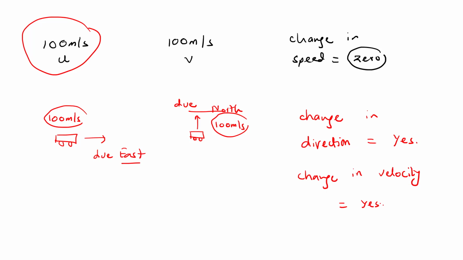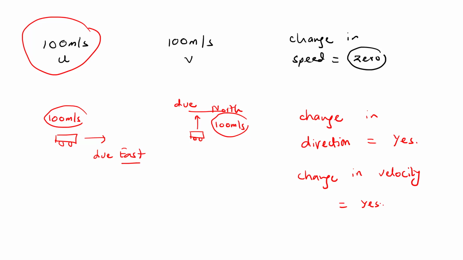So one of the best examples for this would be circular motion. Imagine the motion of Earth. Is Earth moving? The answer is yes. Is Earth moving with change in speed? No, it is not, because we always have 24 hours for one complete rotation, and we always have 365 days for one complete revolution.